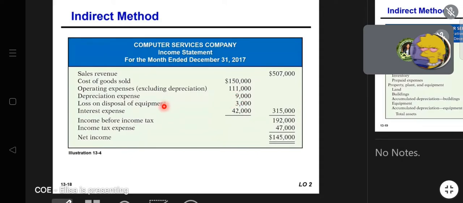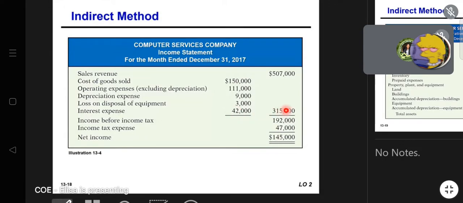So in this case here, loss man siya. So you lost on something, so that's an added burden to the company. The interest expense, another na siya.